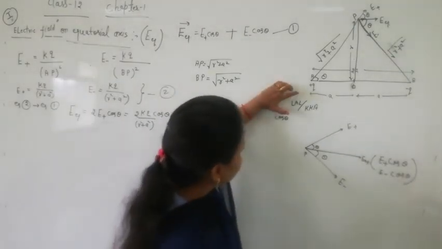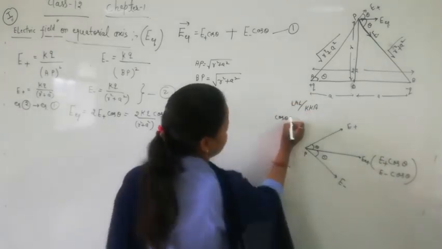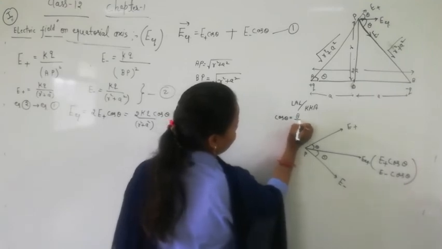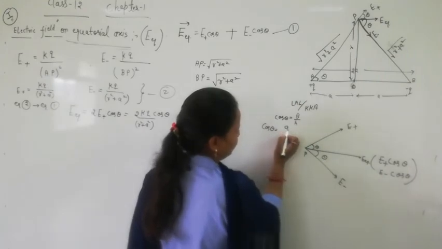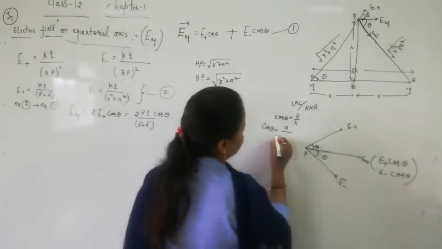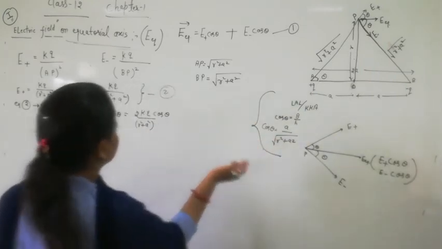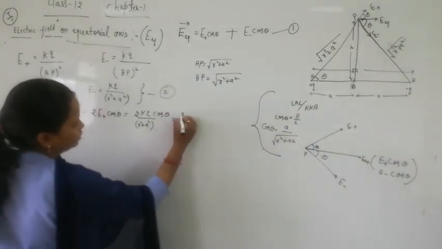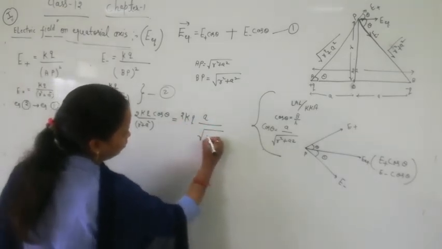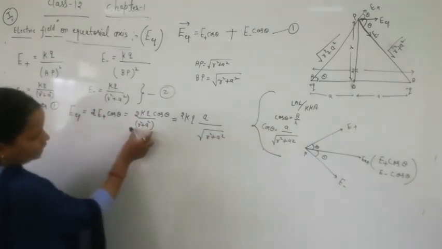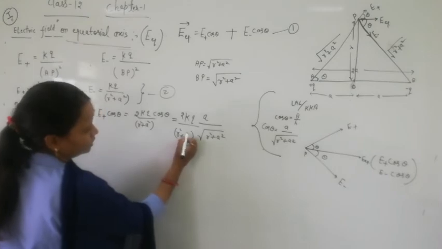According to my trick, cos theta is base upon hypotenuse. So cos theta equals small a, the base, upon the hypotenuse, under root of r square plus a square. Putting this here, we get 2kq times a upon under root of r square plus a square, and r square plus a square with single power is also here.